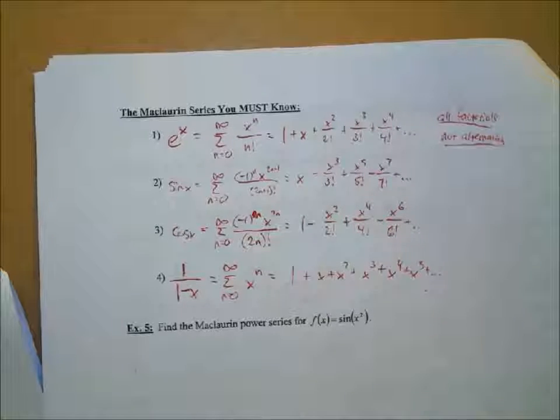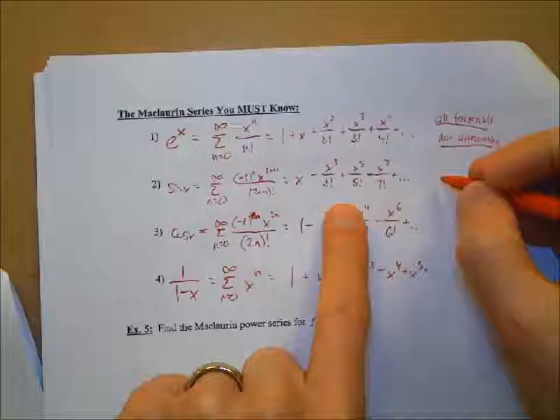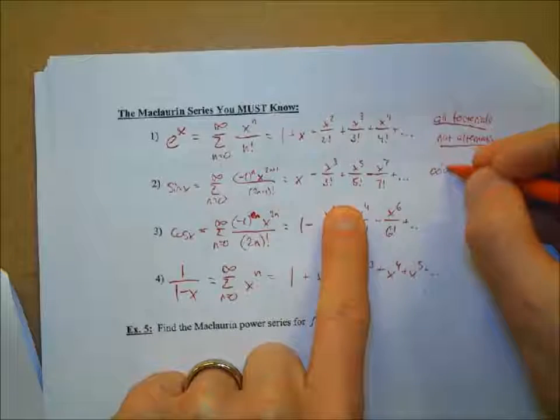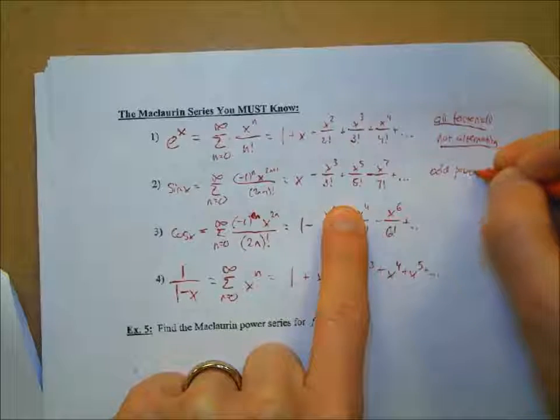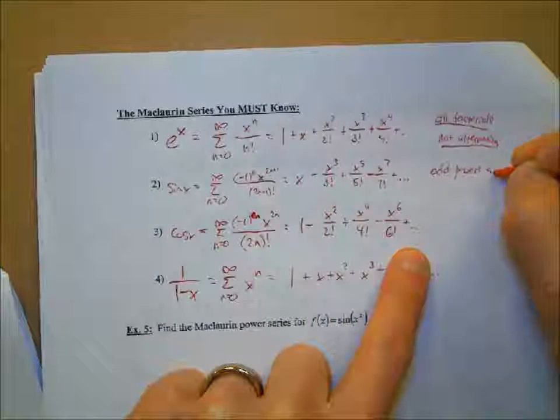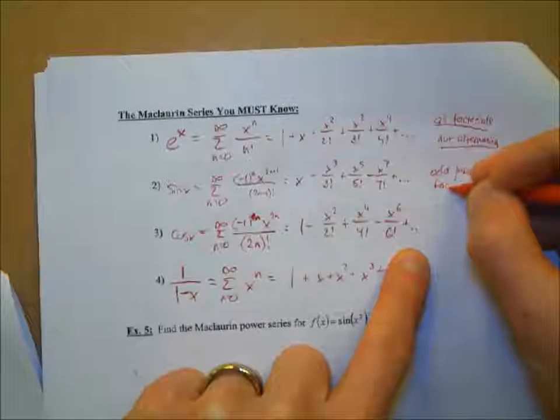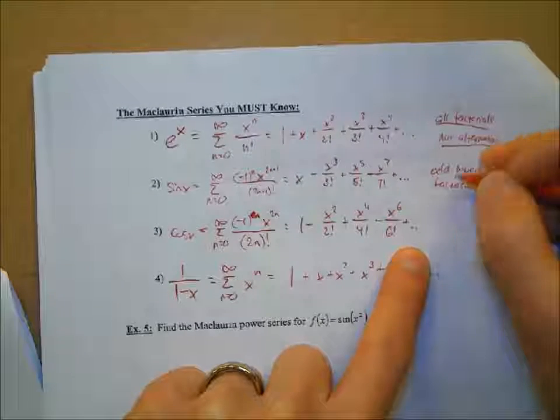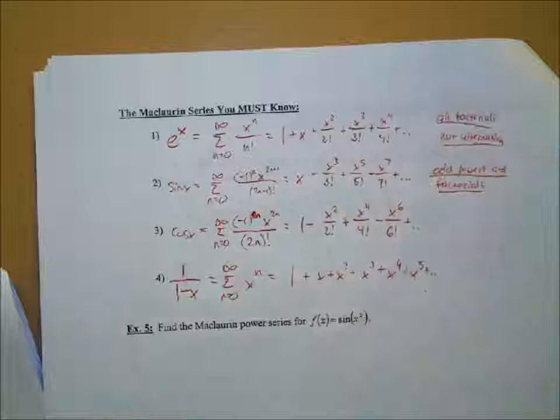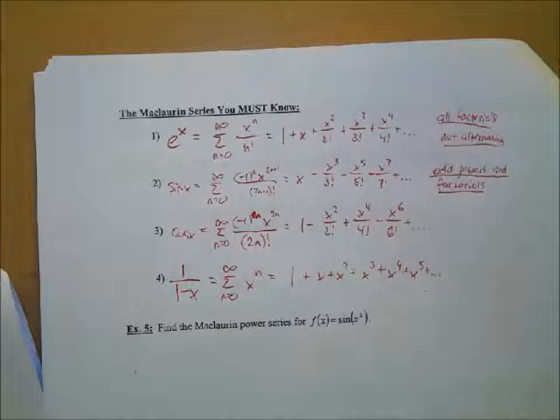For sine, it's odd powers and odd factorials, and that's all you use, and of course it's alternating too.